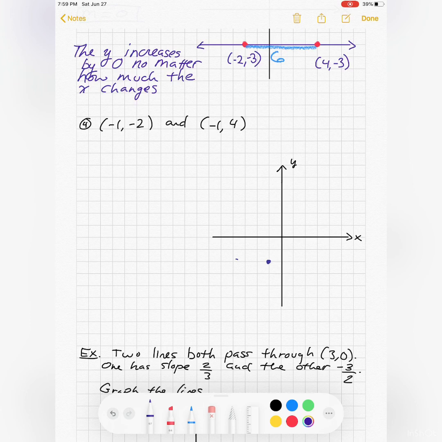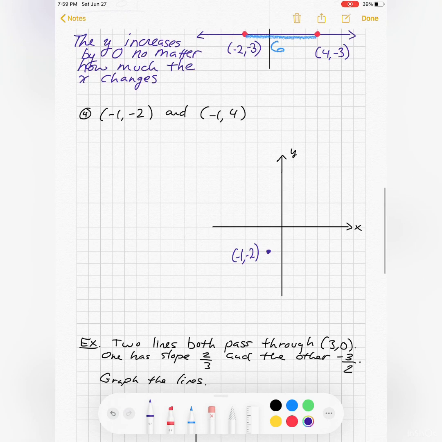Negative 1, negative 2. And here's the other special one.